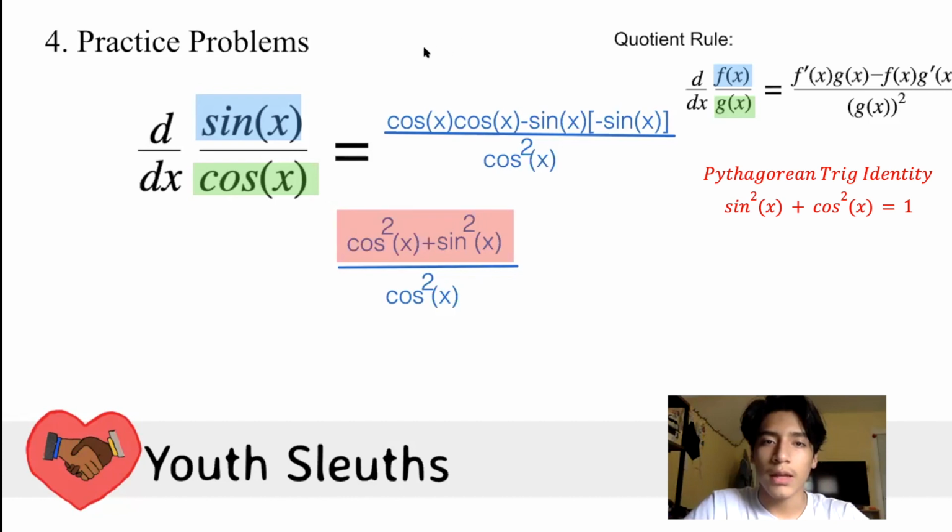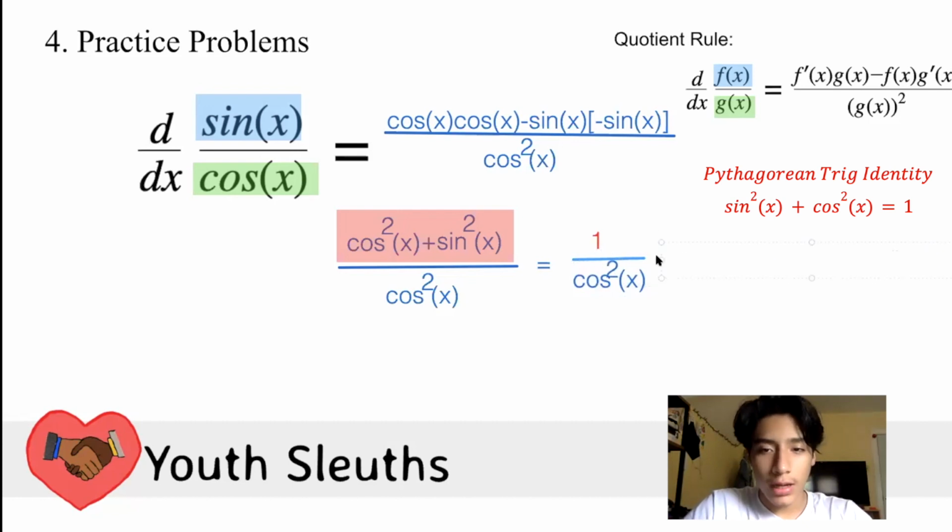So we can simplify that as 1 over cosine of x squared.